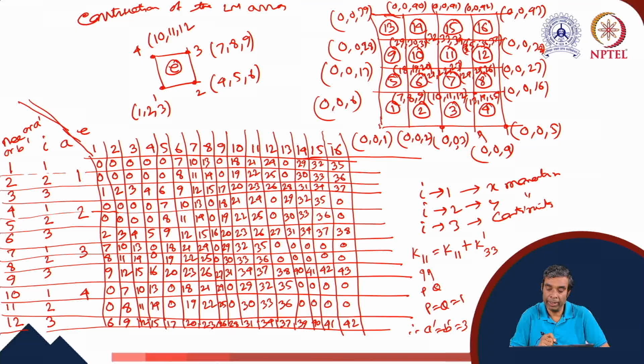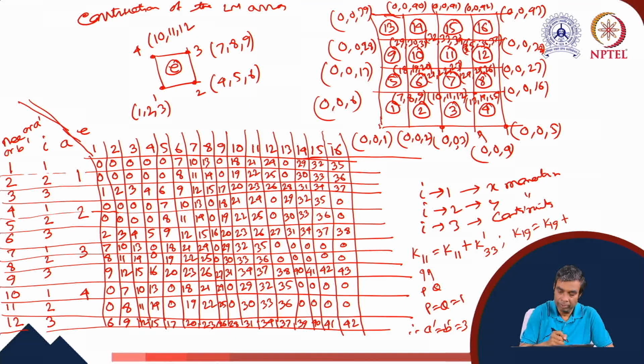Now we want to find out K19. This will give us K19 plus. Let us search for 1 and 9, which are present in the same element. 1 and 9 are present together only in the first element. It is an off-diagonal term. 1 and 9 together are not present anywhere else.